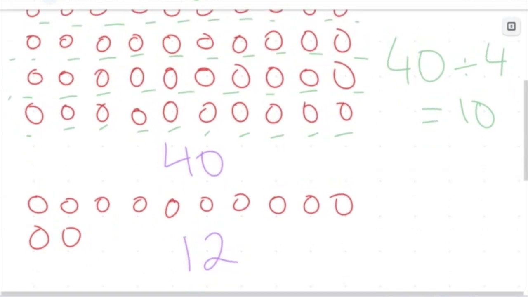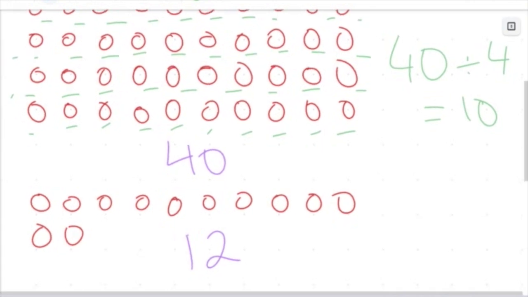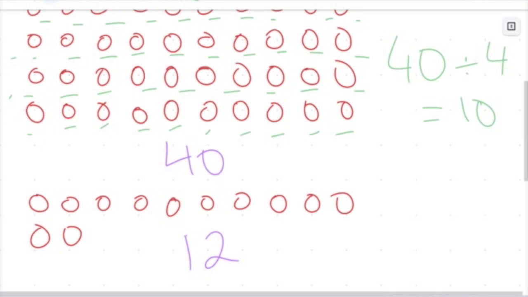So if we now split my 12, I divide 12 by 4, and I want to see how many equal groups I have. Here I haven't really drawn it too nicely, but I'm going to split this up into 4 even groups.